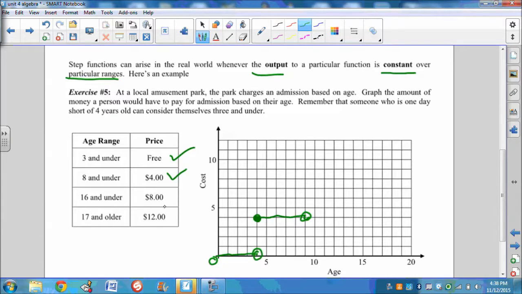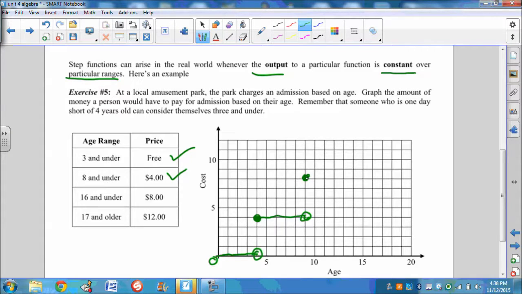Now 16 and under. So again, the day you turn 8, on your 8th birthday, you're going to have to pay $8. Fill it in. Okay? So on your 8th birthday, am I lying here? I think, oh no, I lied. No, on your 9th birthday, you're going to pay $8.